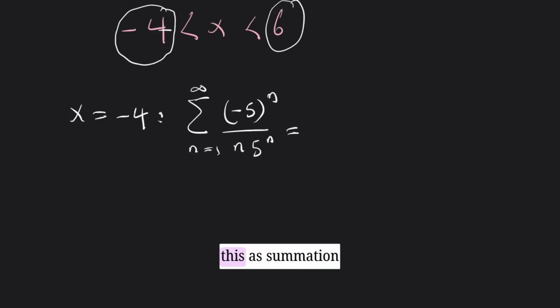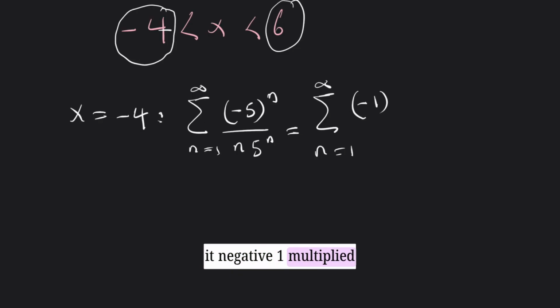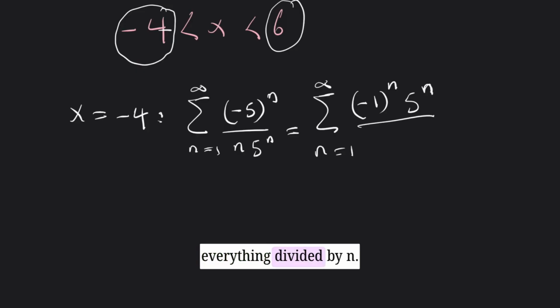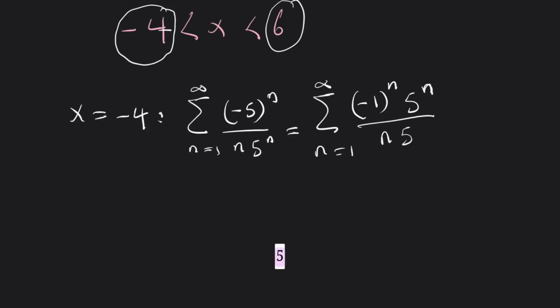We can rewrite this as the summation as n goes to infinity from 1, where negative 5 I can write as negative 1 multiplied by 5. This is (negative 1) to the power n, times 5 to the power n, everything divided by n times 5 to the power n.